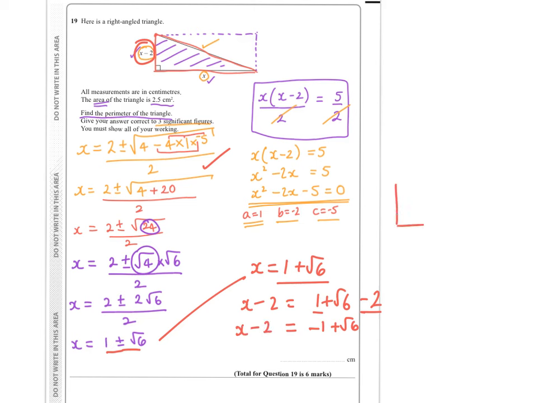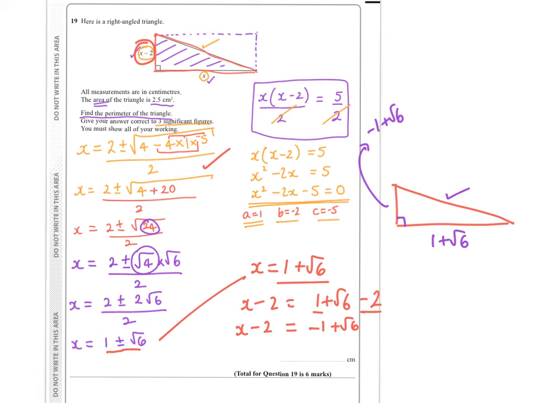So in my triangle, I've got this length now. So I've got x, which is 1 plus root 6, which of course we'll decimalize in a minute. I've got this length here, which is minus 1 plus root 6, and I can decimalize that too. And then we can use Pythagoras to find this one because it's a right-angled triangle.